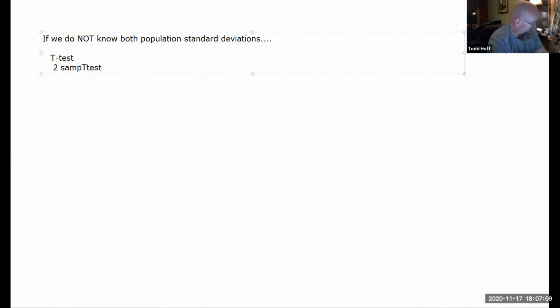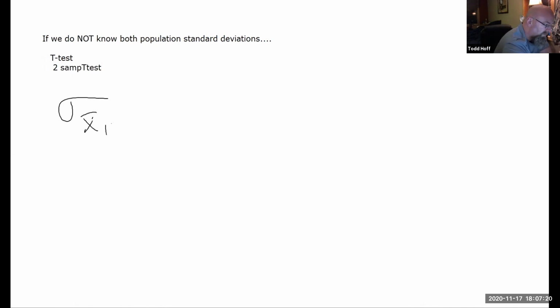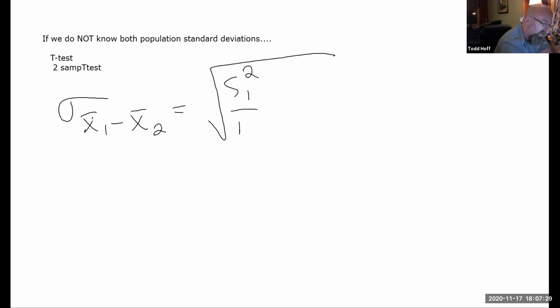And we just change our standard error. Our estimate of that is just going to become the sample standard deviation squared over the size of the sample from population 1, plus the sample standard deviation for the sample from population 2 squared over the size of the sample from population 2. We substitute those in.